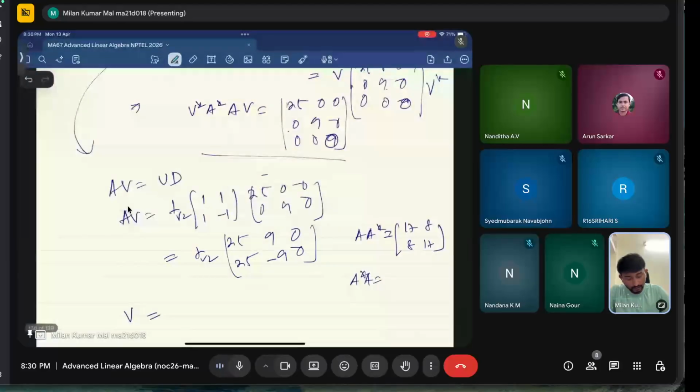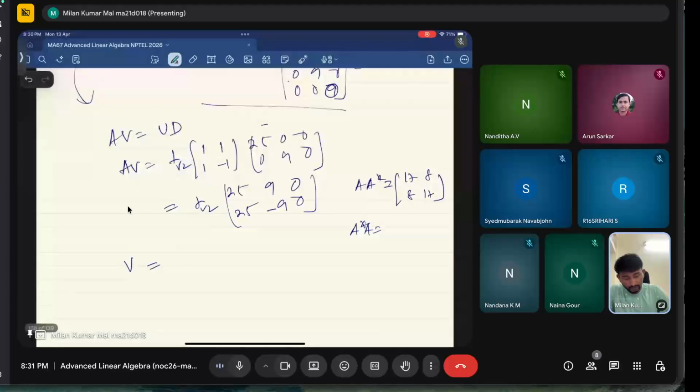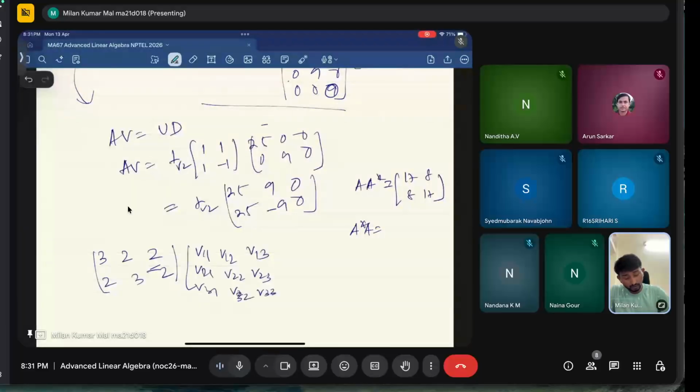V is a 3 by 3 matrix and A is actually a 2 by 3 matrix. So A is actually equal to 3, 2, 3, 2, 2, 2, 2, 3, minus 2. This one with V11, V12, V13, V21, V22, V23, V31, V32, V33. This one is equal to something given by 1 by square root of 2, 25, 25, 9, minus 9, 0, 0. This is what is given.